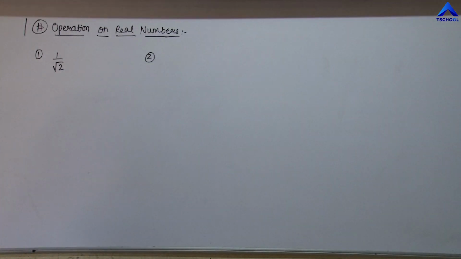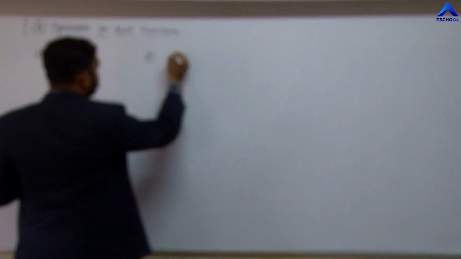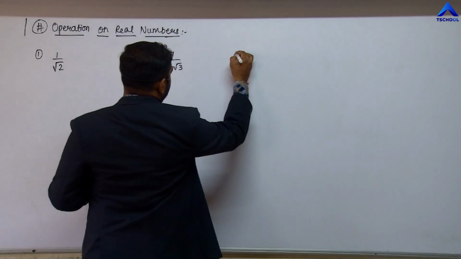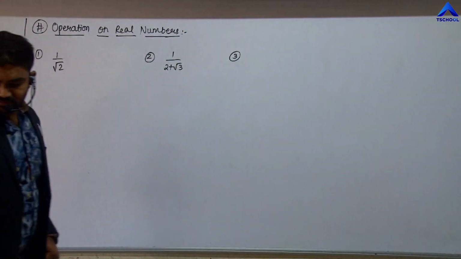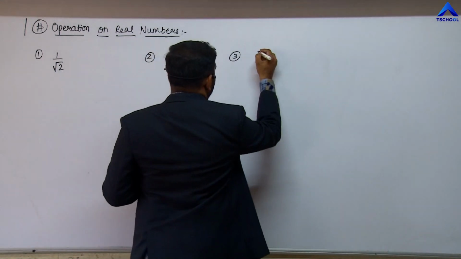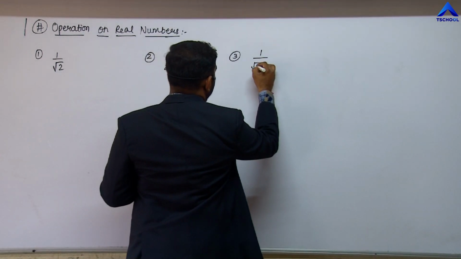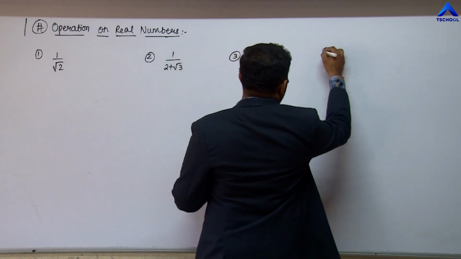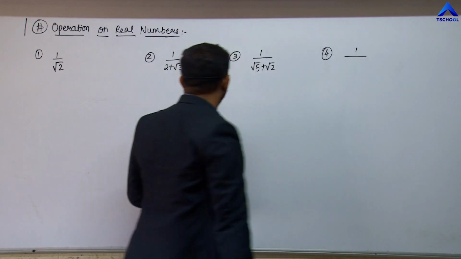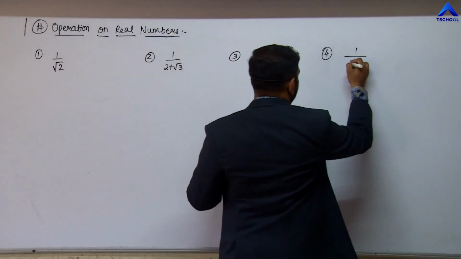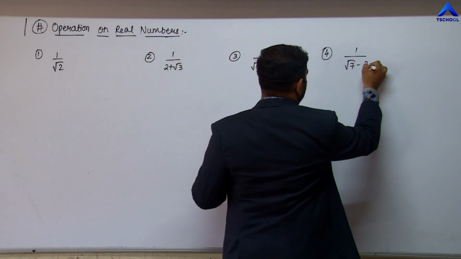The second one is 1 upon 2 plus root 3. The third one here is 1 upon root 5 plus root 2. And the fourth one is 1 upon root 7 minus 2.